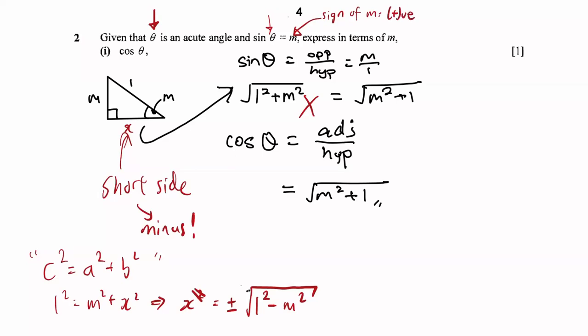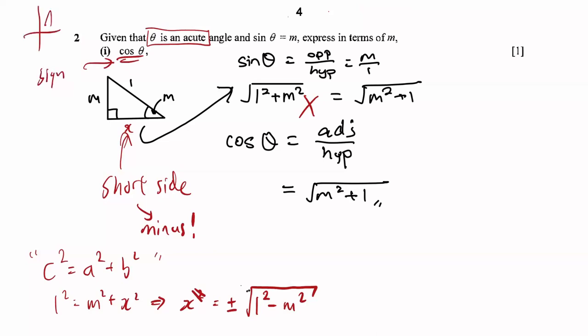Okay, good. Actually, is that a main point? Not really a main point. The more important point is actually, theta is acute. Then cosine of theta, what's the sign? Acute angle is also positive. It has to be positive.